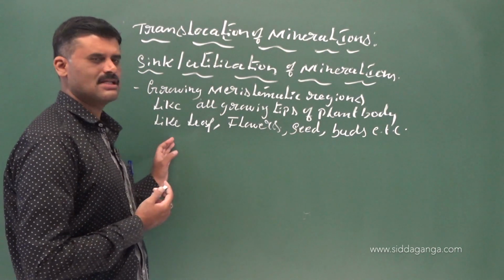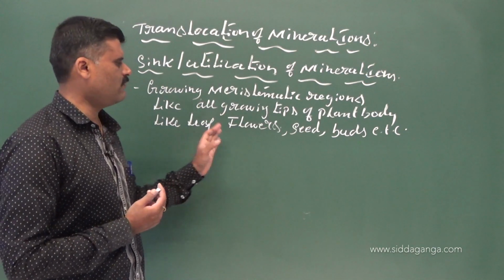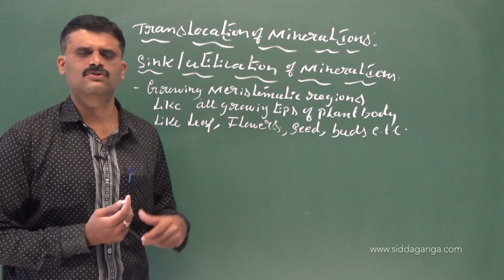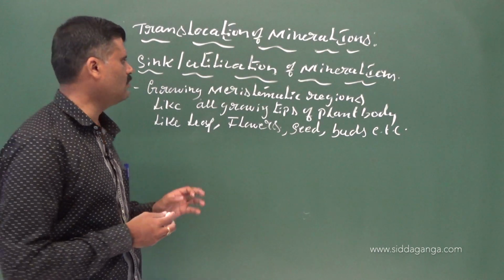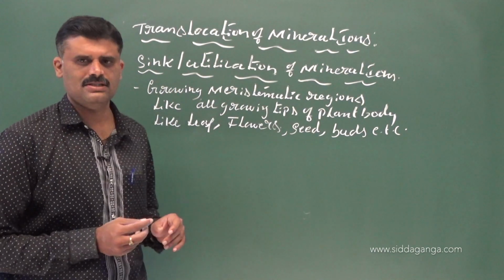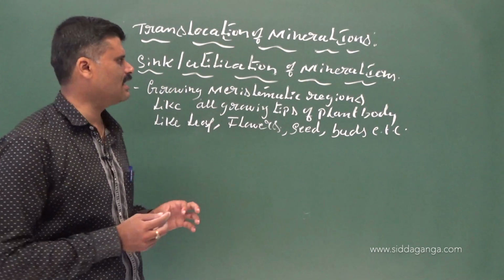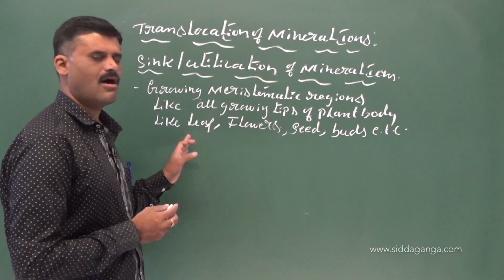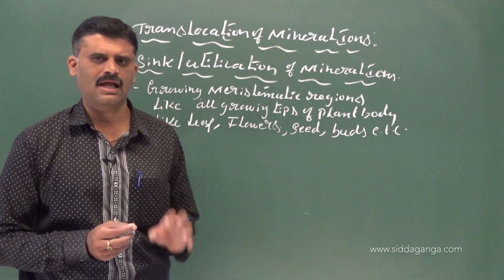Growing meristematic cells, they are present in the leaf, flowers, stem, buds. So alli ಆ ರೀಜನ್ಸ್ಗೆ ಹೋಗುತ್ತೆ ಯಾವುದು, the minerals. So the sink or utilization area of minerals is all the growing regions of the plant body.